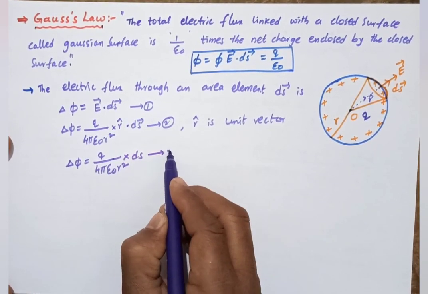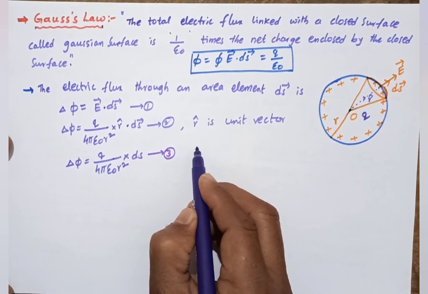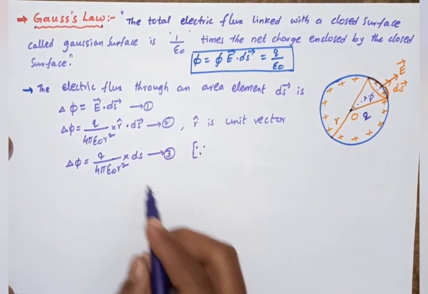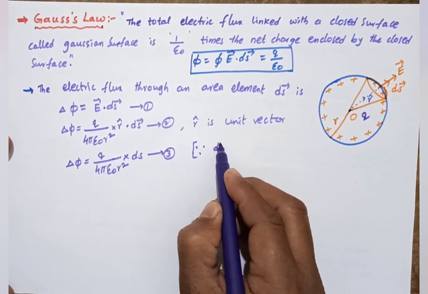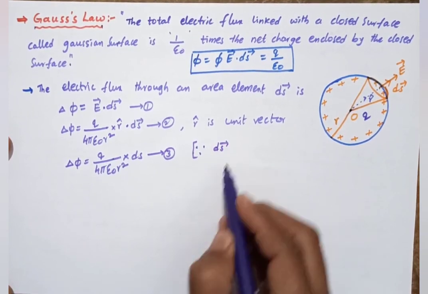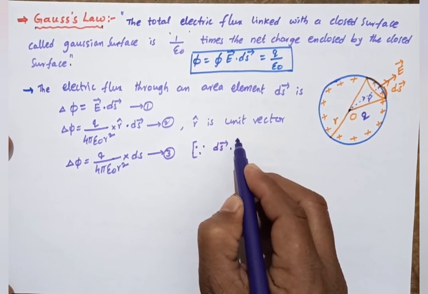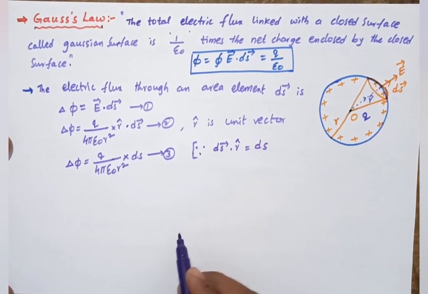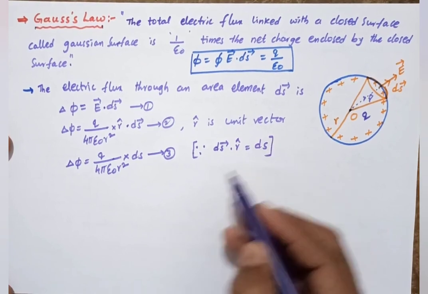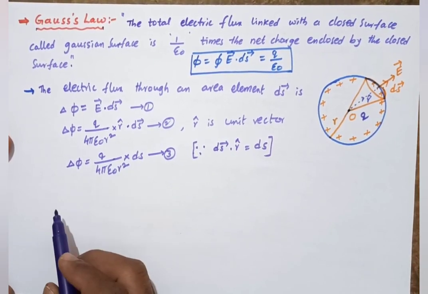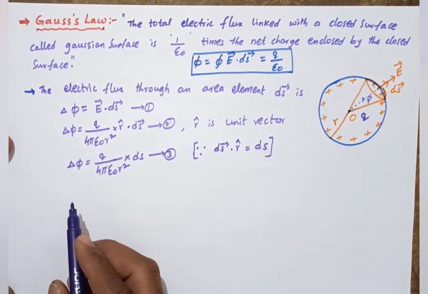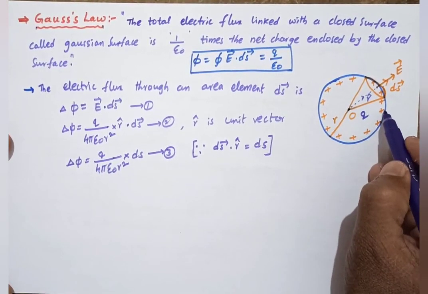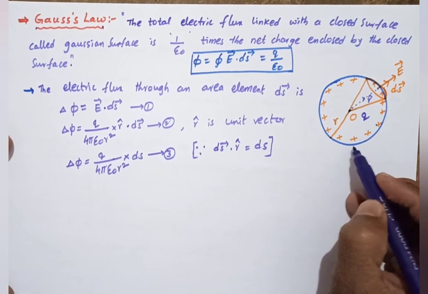Okay, this is equation number 3. Since ds bar dot r cap equals the magnitude only, ds or delta s, anyone.